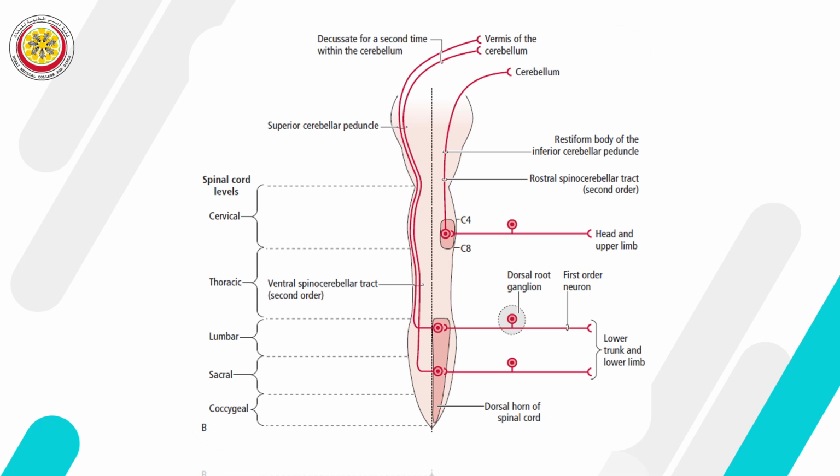Is it the vermis and the surrounding area, or the vestibulocerebellum, or the larger part of the vermis and the intermediate? Yes, that's called the spinocerebellum. They go to the vermis of the cerebellum and the surrounding area.